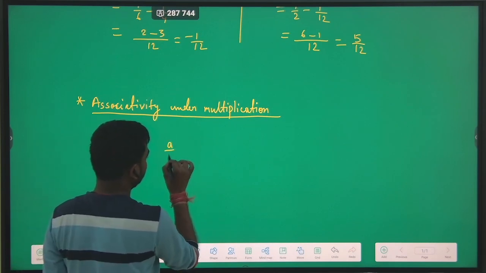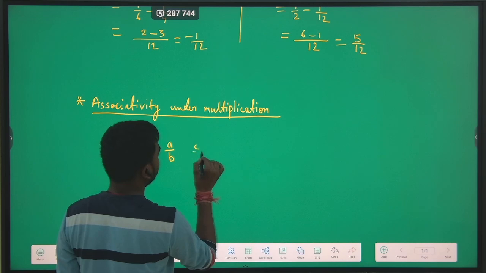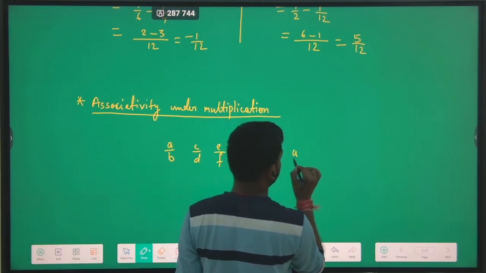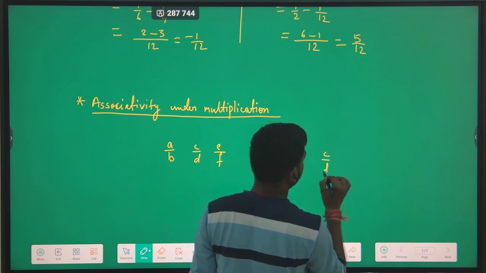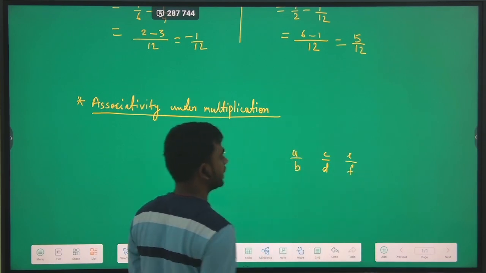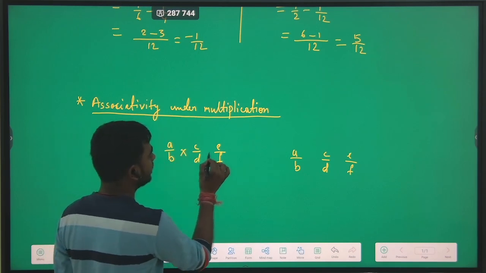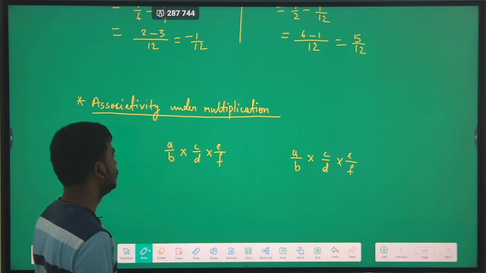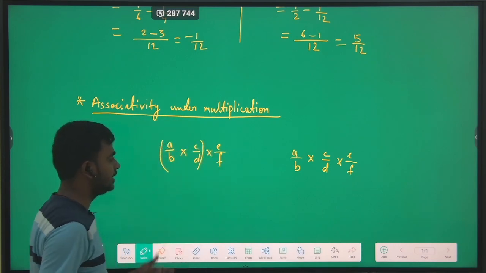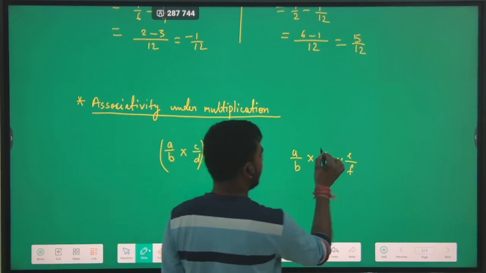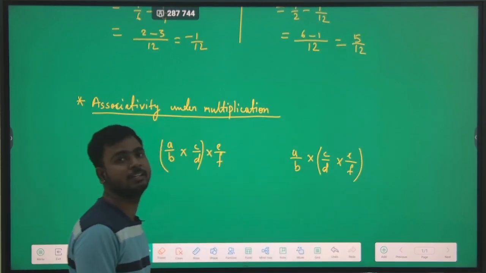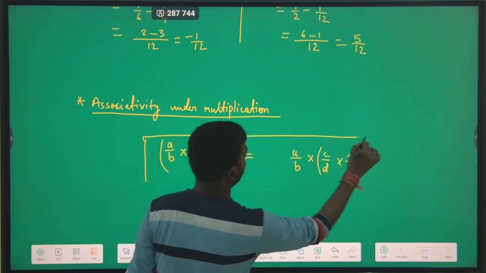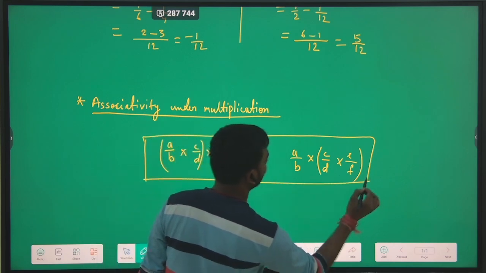We have three numbers a by b, c by d and e by f on both sides, and we are operating with multiplication. This is our fundamental operation. We use parenthesis on the first two numbers on the LHS and on the second two numbers on the RHS. We have to check whether these two, LHS and RHS, are equal or not.